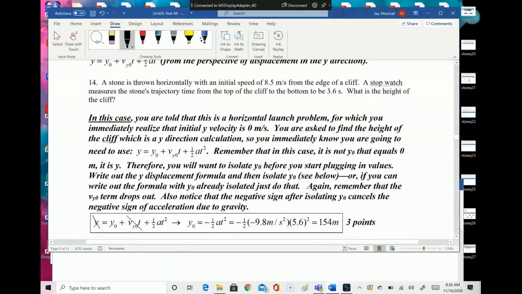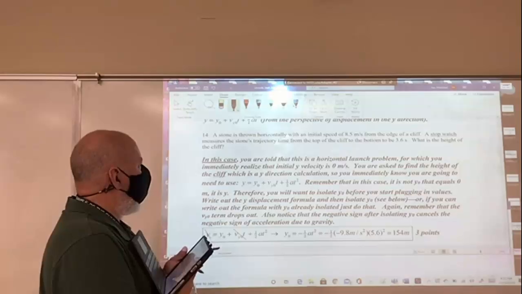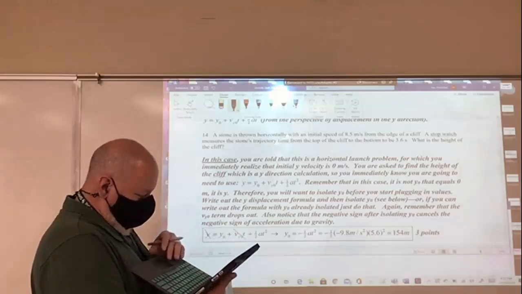Okay. A stone is thrown horizontally with an initial speed of 8.5 meters per second from the edge of a cliff. A stopwatch measures the stone's trajectory time from the top of the cliff to the bottom to be 3.6 seconds. What is the height of the cliff?